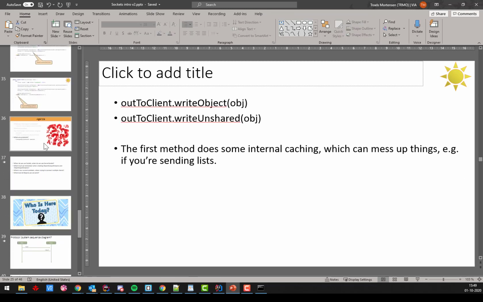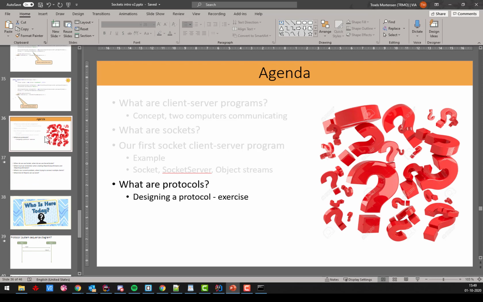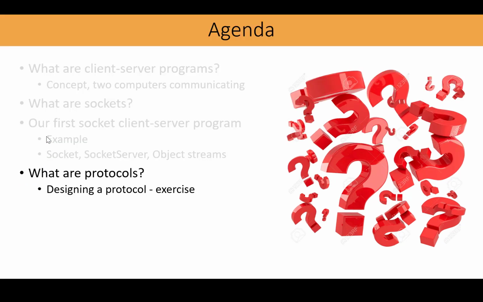Okay, so my slideshow is the one from last semester, so it has a bunch of comments about the code we went through. But we will skip to here and talk a bit about what is a protocol. A protocol is a schematic for how the client and the server communicate.